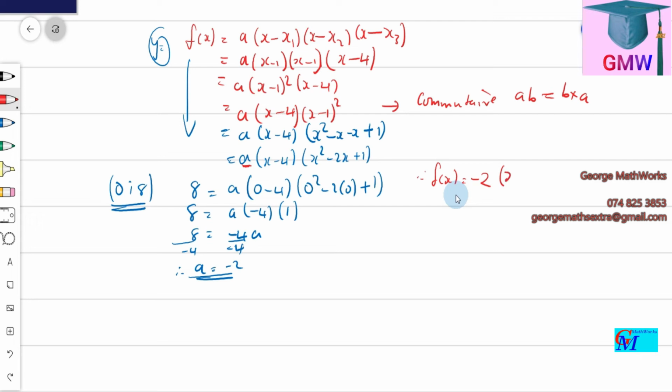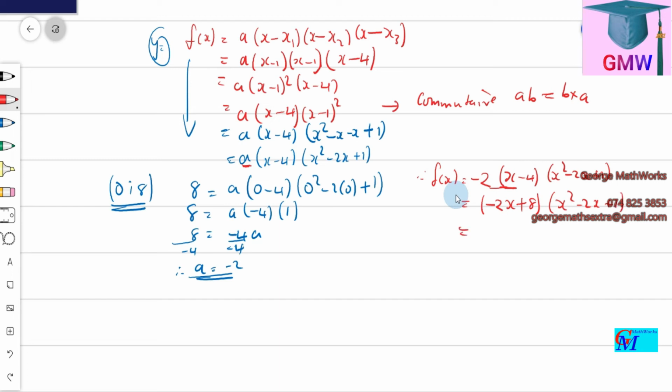Then here it is x minus 4. Then here we were on x squared minus 2x plus 1, like this. So I can, since I'm expanding, multiply here everything by minus 2. So if I do so, I will get minus 2x, then plus 8. Then everything will be multiplied with x squared minus 2x plus 1.